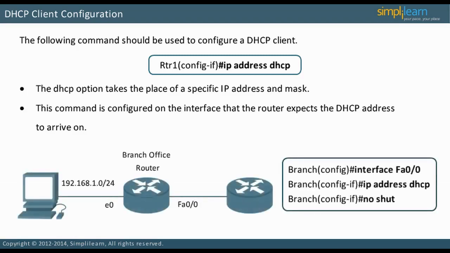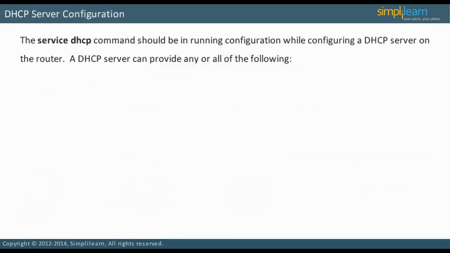In the image shown on the slide, assume that the branch office router is the DHCP server and the PC is the client. The ip address dhcp command is configured on the router's interface E0. In the following slide, let us understand how to configure a DHCP server.